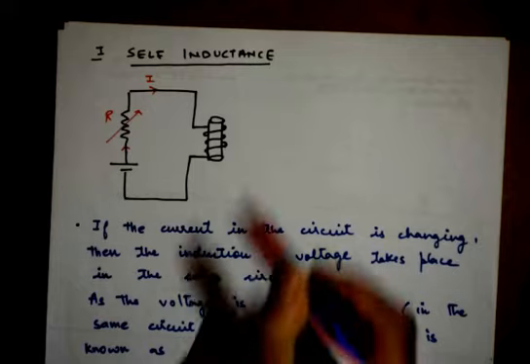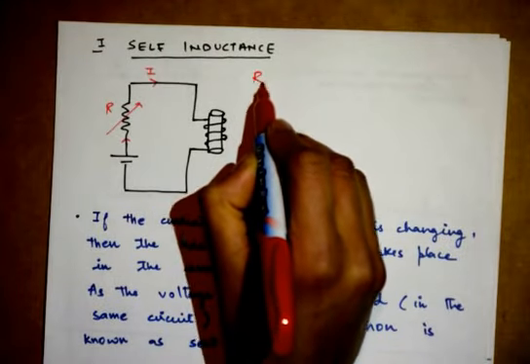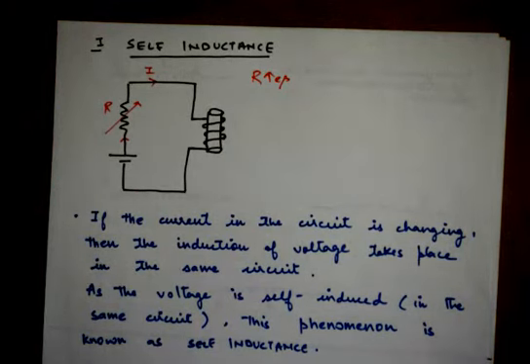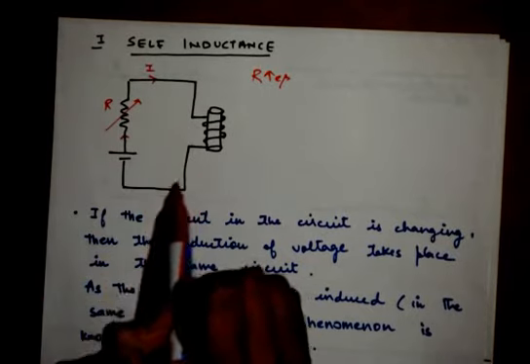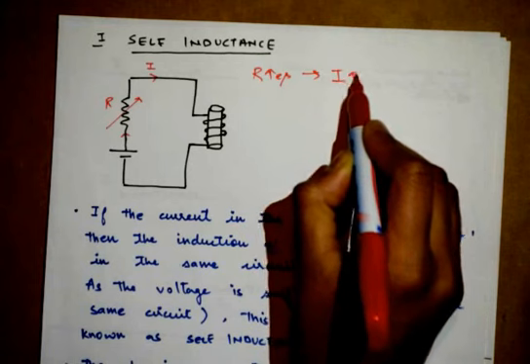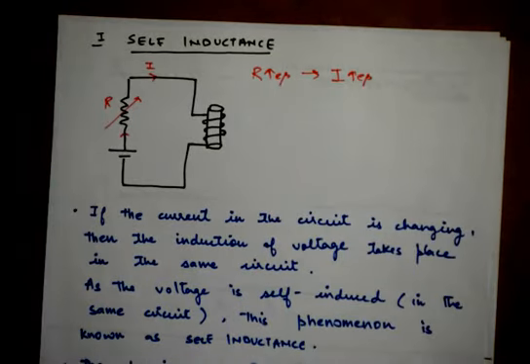Now suppose R increases, because the resistor is a variable. So if R increases, this will result in a change in the current also. The current flowing in this circuit also increases.